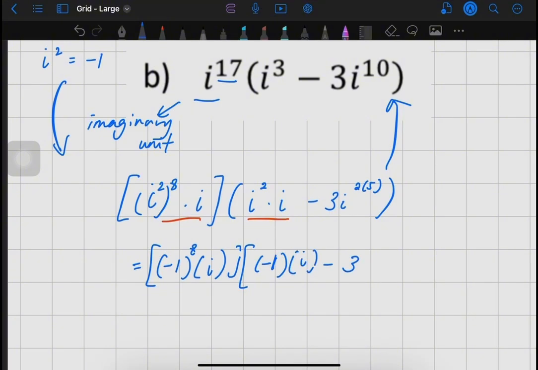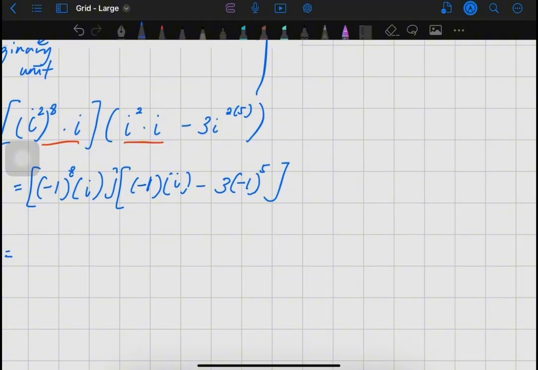This i to the power of 2 becomes negative 1 to the power of 5. So negative 1 to the power of 8 becomes 1, and times i becomes i. Negative 1 times i becomes negative i, minus negative 3 times negative 1 to the power of 5, which is negative 1.